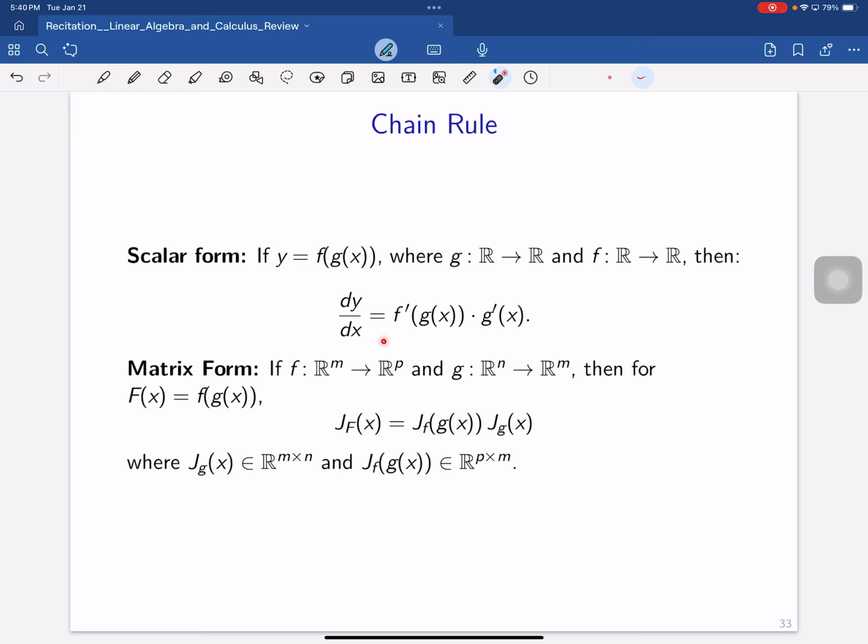You first differentiate f and then you differentiate g, right? And that's the simple chain rule in scalar form. And then if you want to consider the chain rule in matrix form, then you will have to use the Jacobian matrix, right? So you could verify this is true here.